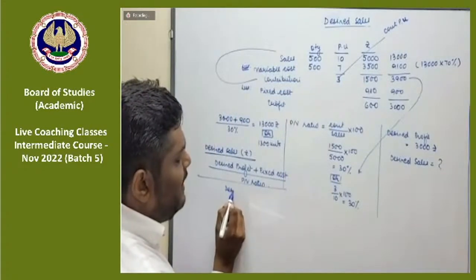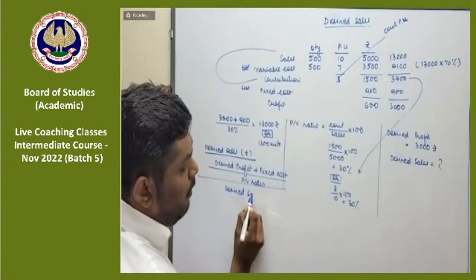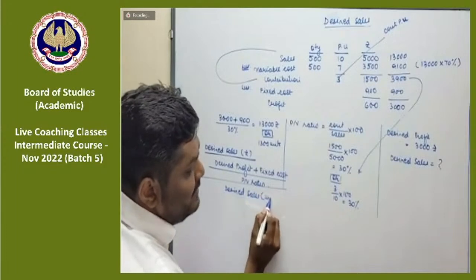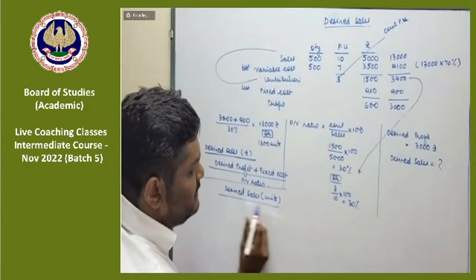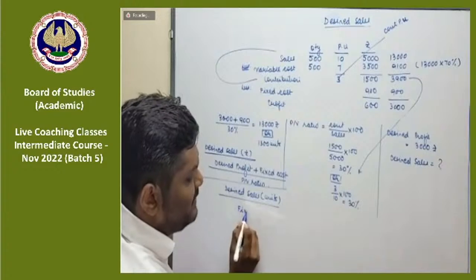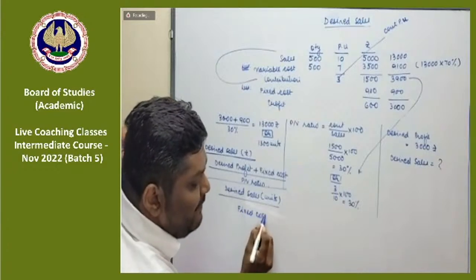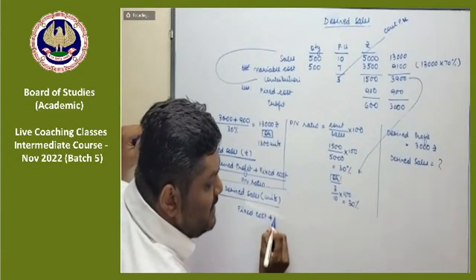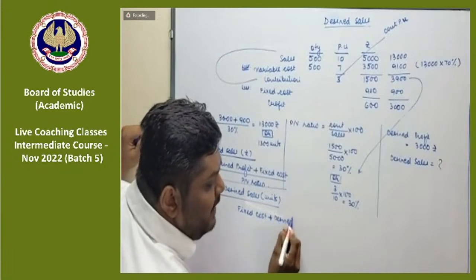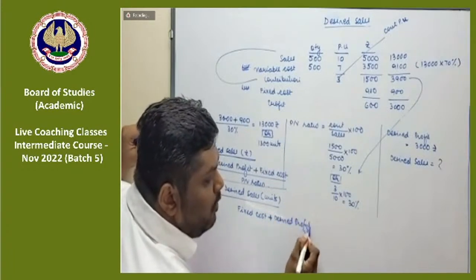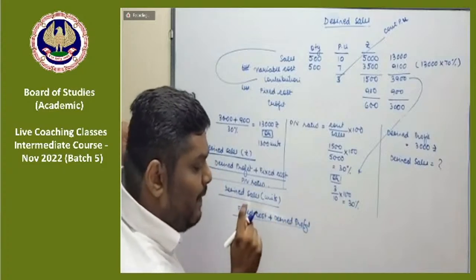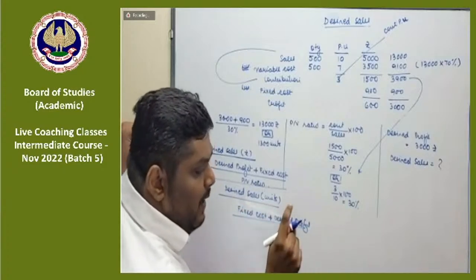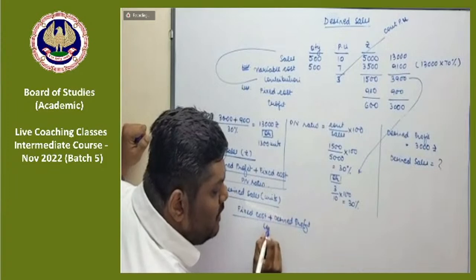I'll repeat again, guys, a very simple concept. If you have to calculate desired sales in units, the simple way: fixed cost, since we have to recover the fixed cost, plus we have to recover our desired profit also. So in aggregate, we want to recover 900 plus 3,000. Per pen, we are recovering how much?